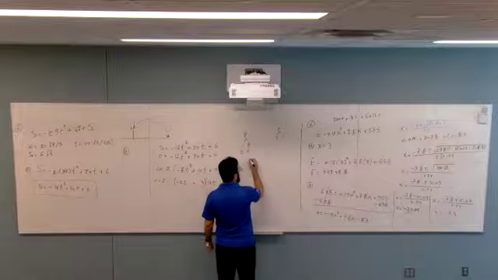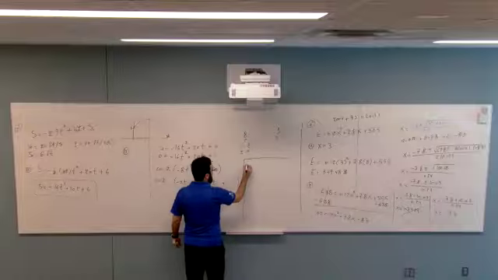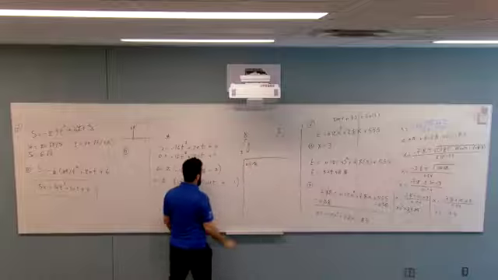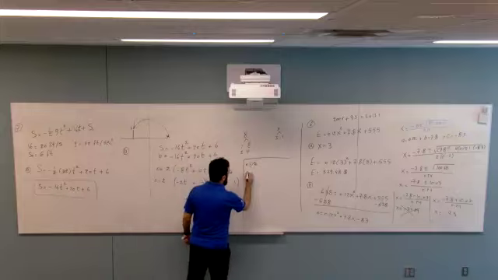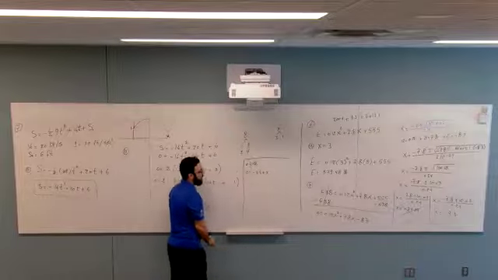Now, last step. 0 equals, from the statement, 0 equals negative 2t plus 3. How are we going to solve this one?